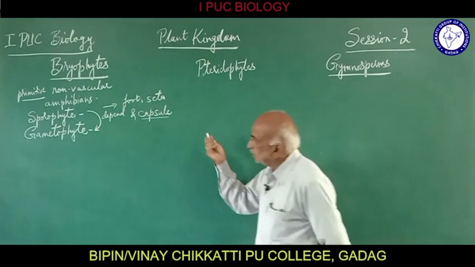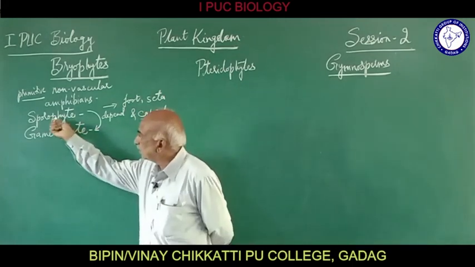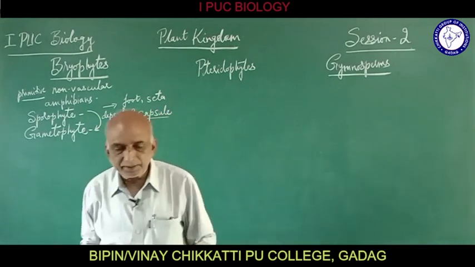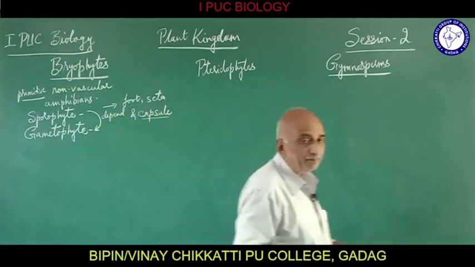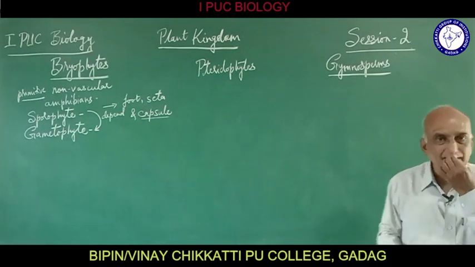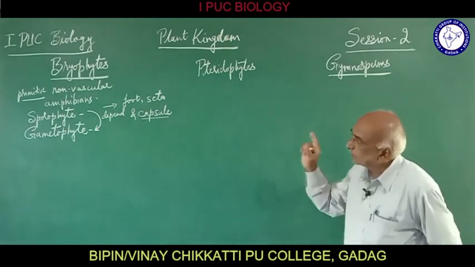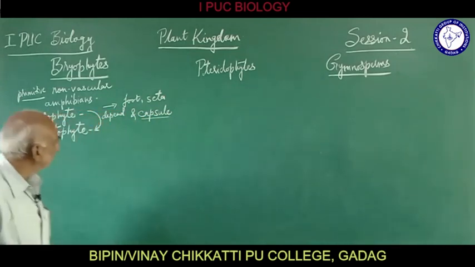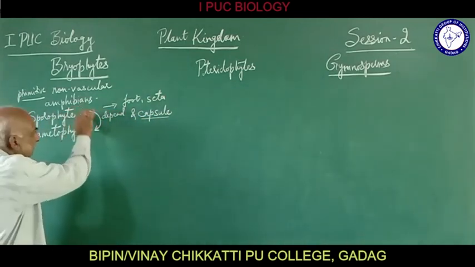So these spores which are produced by the sporophyte are carried, and when they fall on a suitable medium like wet soil or damp soil, the spores develop into the gametophyte. So the sporophyte gives rise to the gametophyte.